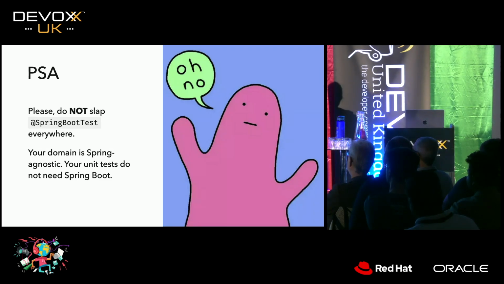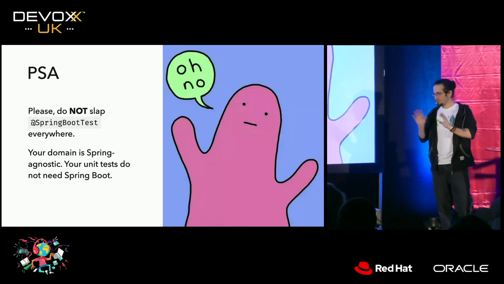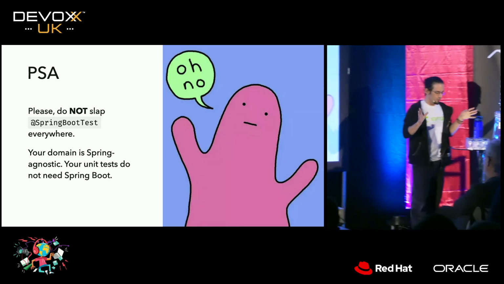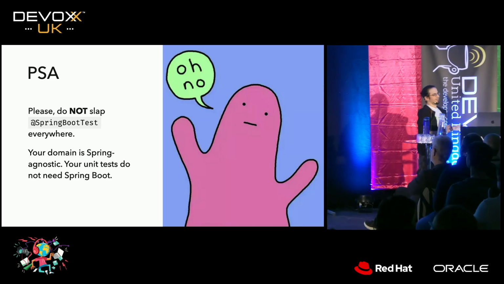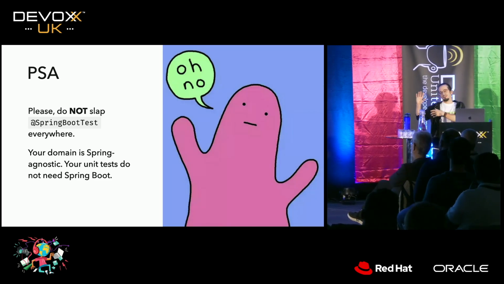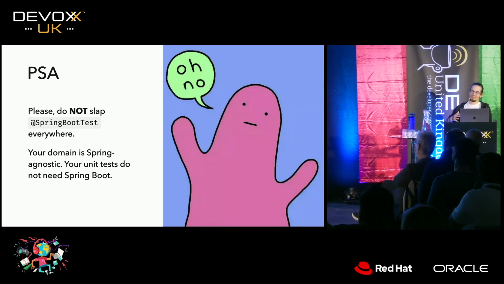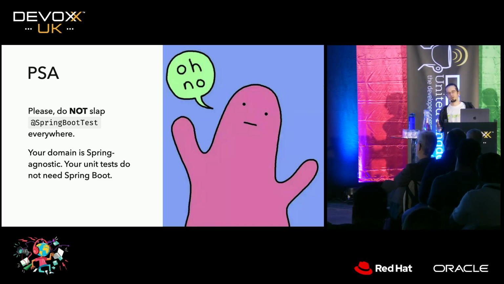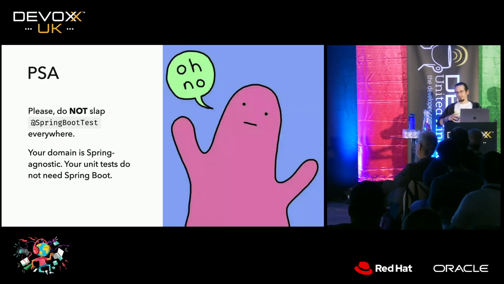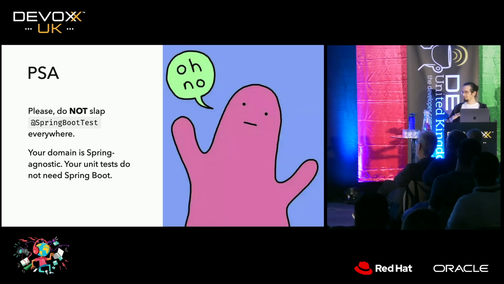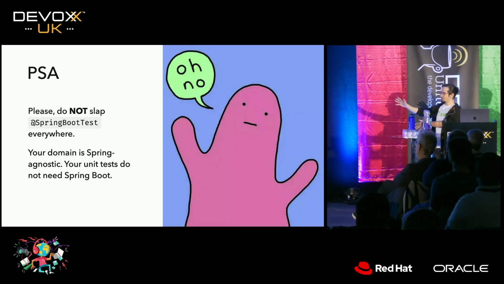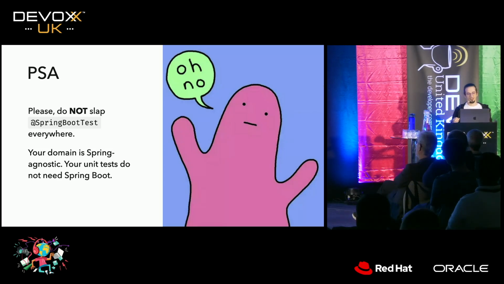Your unit tests do not need Spring or Spring Boot. You're writing your unit tests to validate your logic. All the Spring Boot tests we see here are going to be for more like integration testing. I don't know how you want to call it. Maybe not end-to-end, but something that tests a little bit deeper in the stack of your application. So although I will show a lot of Spring Boot tests, please remember that there's something else out there.